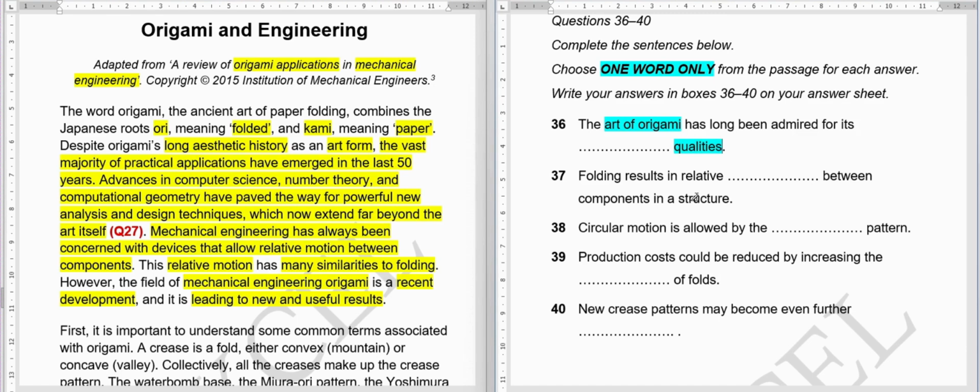Okay, time's up. So I'm going to write the answer here first. Sorry about that. And the answer is yes. What answer did you come up with? Yes, aesthetic.